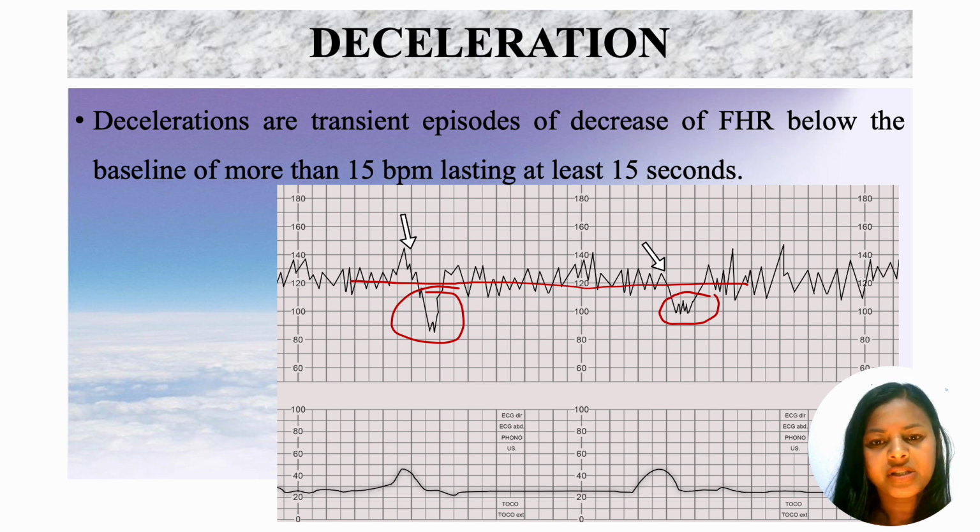There are different types of deceleration. I'll talk about deceleration in a separate video, the next video. When you compare the different types of deceleration, we have to compare with the uterine contraction and then identify which type of deceleration it is.